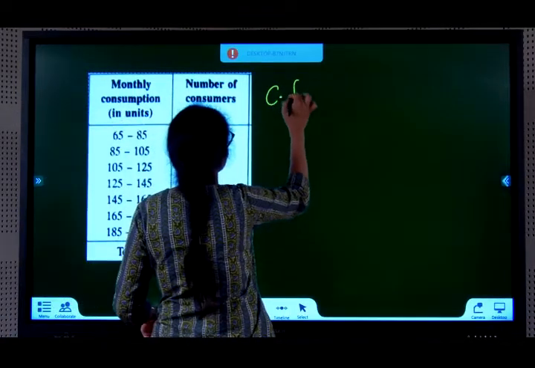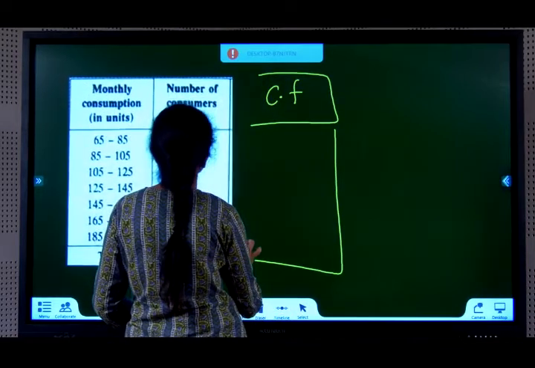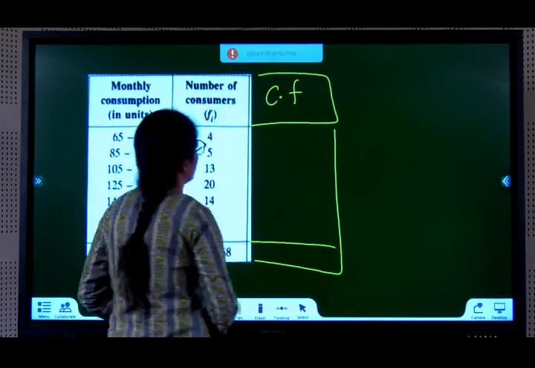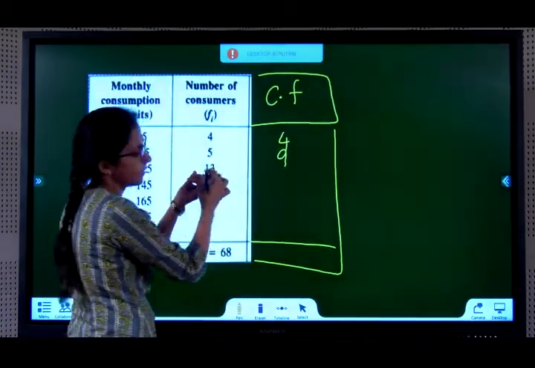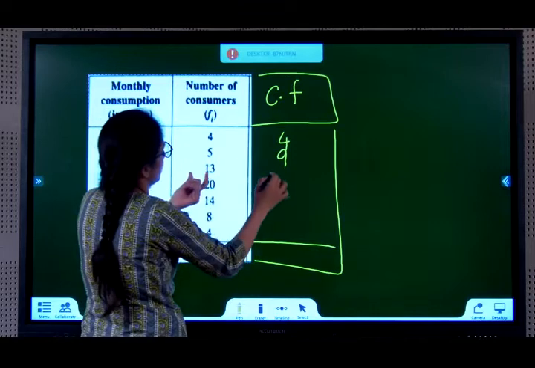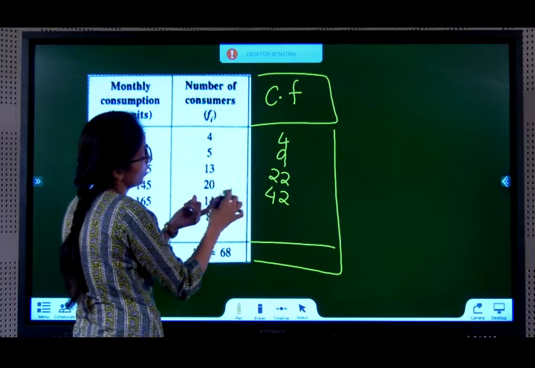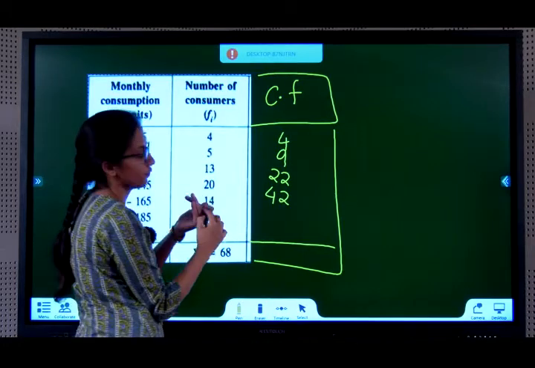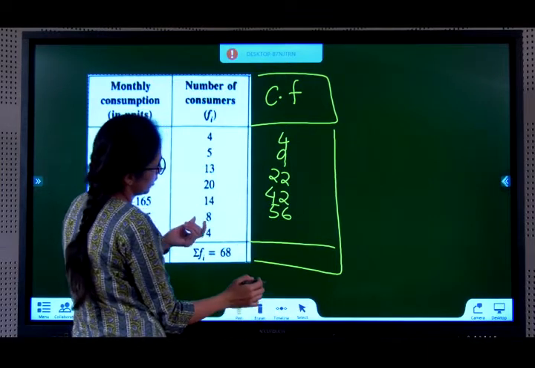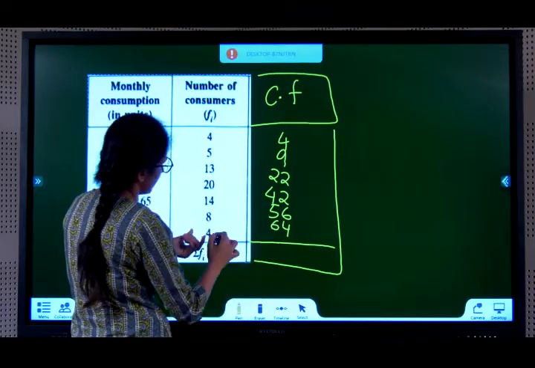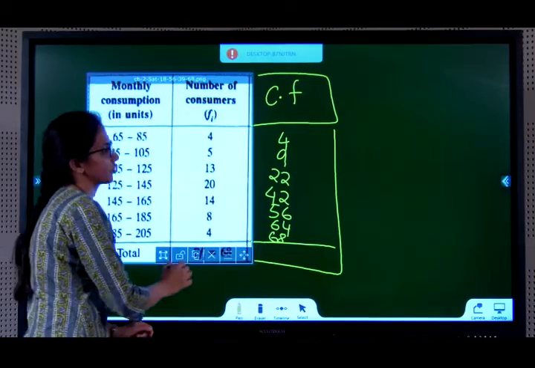So cumulative frequency: 4 remains as it is. 4 plus 5, 9. 9 plus 13, 22. 22 plus 20, 42. 42 plus 14, 56. 56 plus 8, 64, and 64 plus 4, 68. You will see these values match.